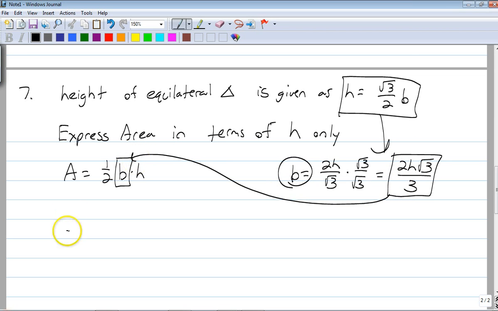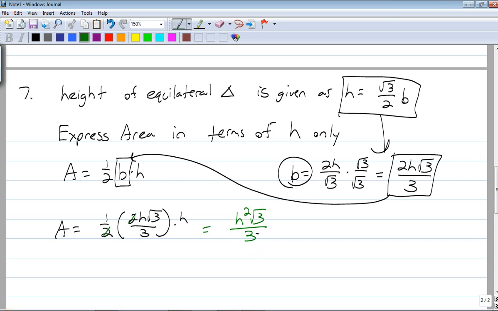So my final answer becomes A equals 1/2 times 2h root 3 over 3 times another h. And when I simplify all this, the 2's cancel, and the h's become h squared. So my final answer is A is equal to h squared root 3 over 3.